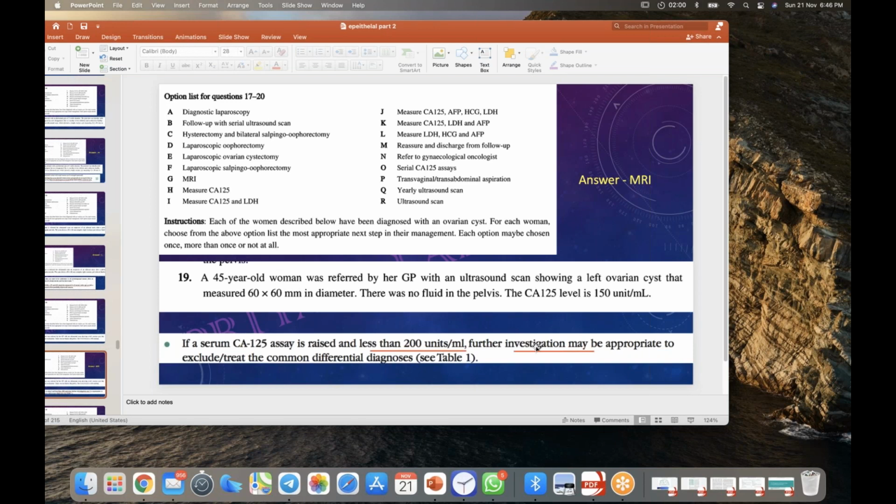So further investigation has to be done, and further investigation for ovarian mass is MRI only. Is it clear? Yes, ma'am. If they remove this line, answer will be yearly ultrasound. Got it? Clear? Yes, ma'am.